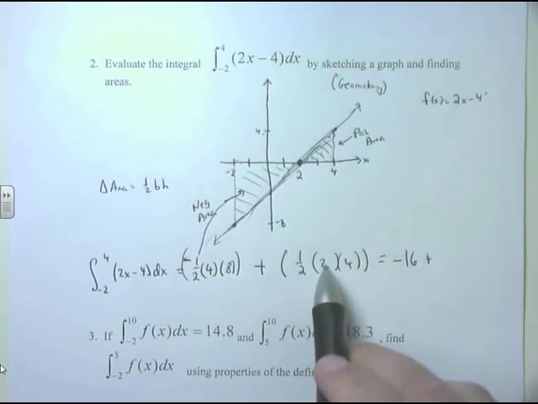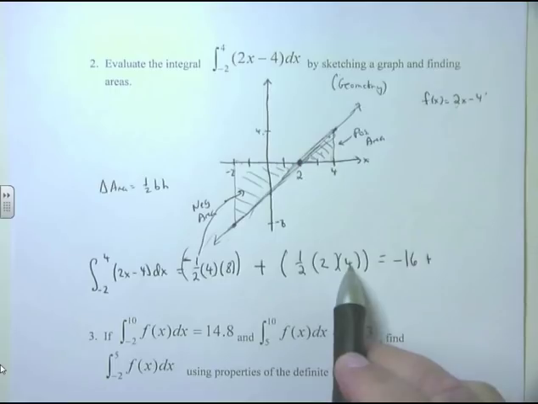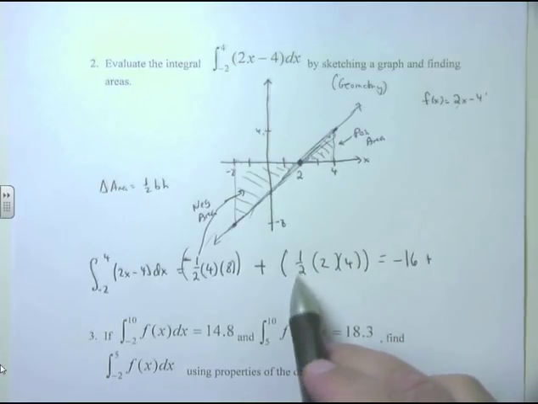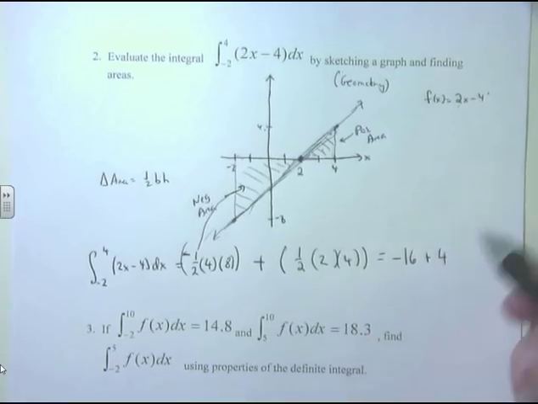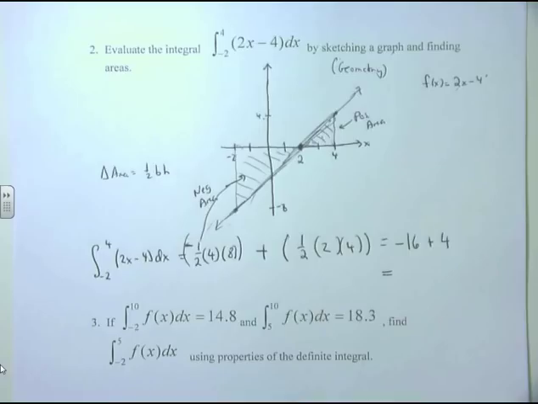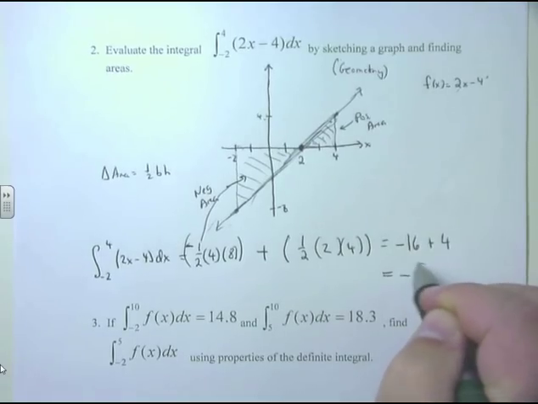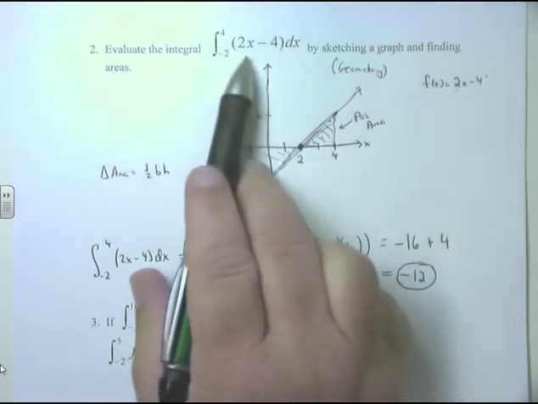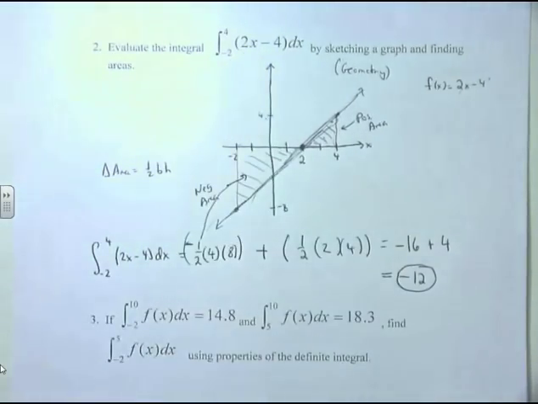plus 2 times 4 is 8. 8 divided by 2 is 4. So the answer to my problem, and it's perfectly allowed when you're integrating, is going to be -16 plus 4, which is -12. That is what the integral between -2 to 4 of 2x minus 4 dx is.